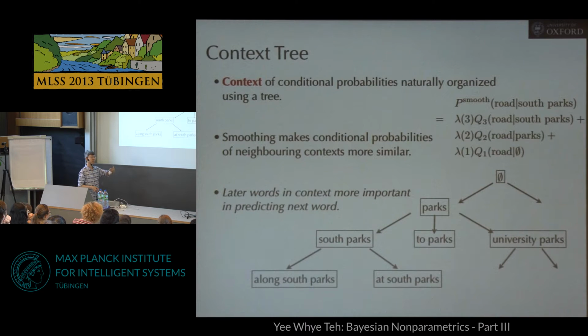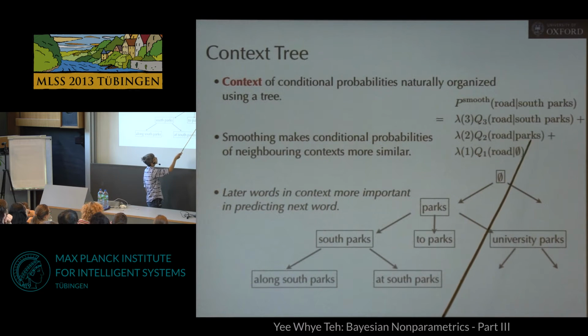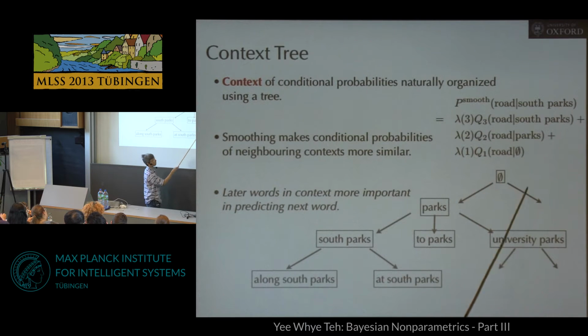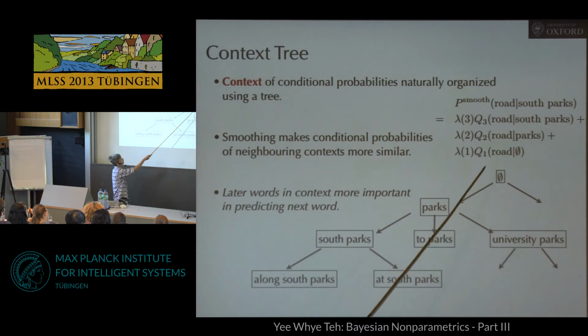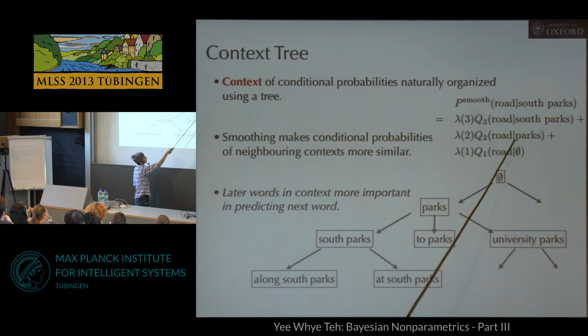the probability for the next word being road based only on less information. In this case, let me drop the first word south and ask, what's the probability of the next word being road given that the previous word is only parks? If you have seen this lots of times, then you could estimate this probability well.